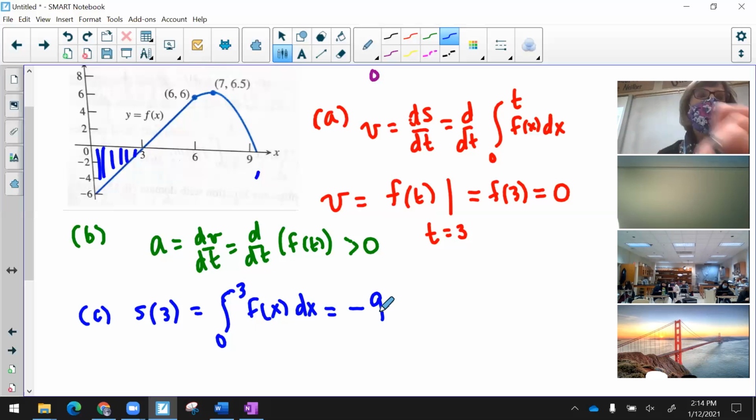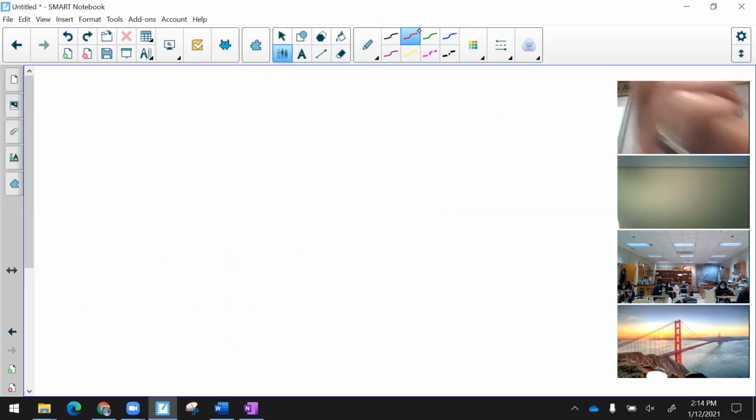Lily, can you read us part D? When does the particle pass through the origin? Okay, when does the particle pass through the origin? How does that fit into my problem here? What do I want to be equal to 0? The particle's what?